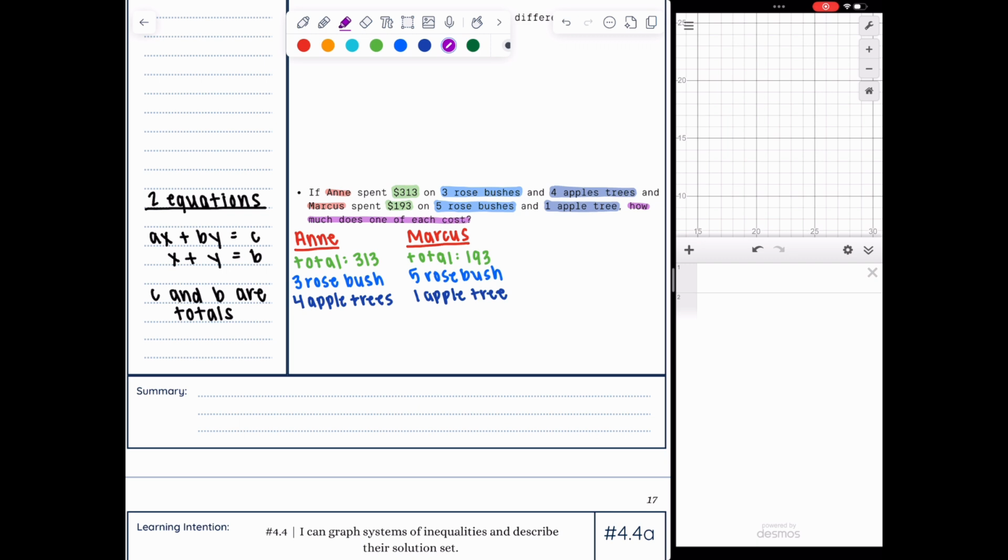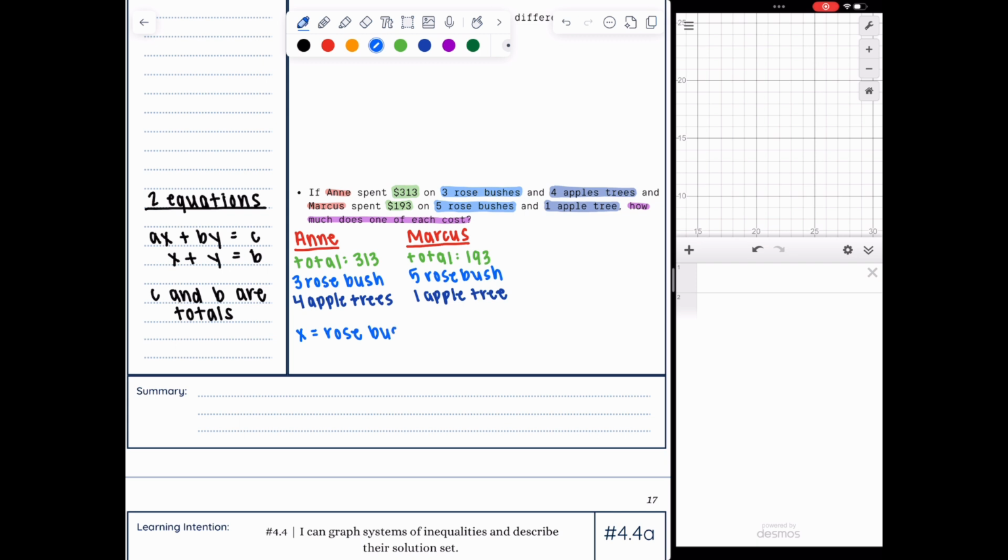And the way that we're going to do this is we're going to write a system of equations where one equation is going to describe Anne and the other equation is going to describe Marcus. So I have to be asking myself what variables I want to use. I'm always going to use X and Y because that's what Desmos likes.